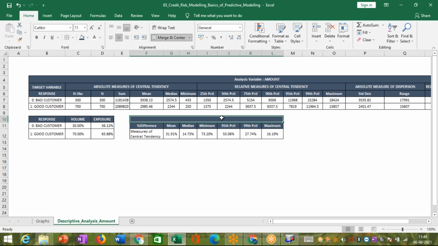This is the difference in the central tendency of the empirical distribution for the amount variable.